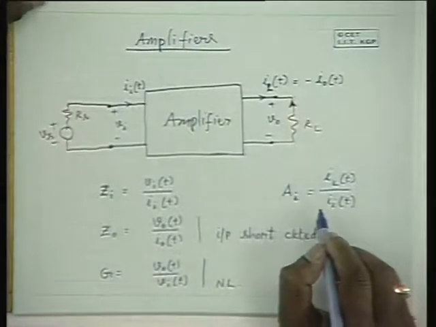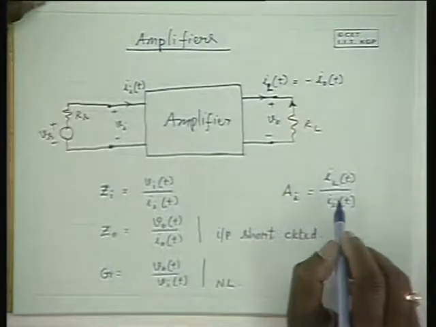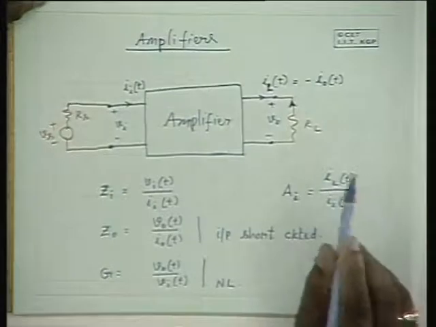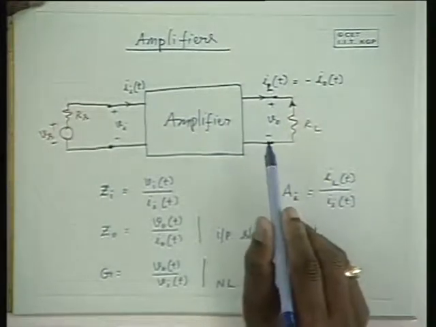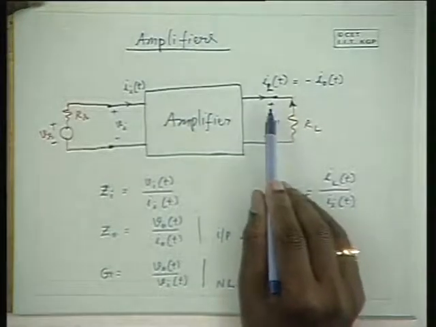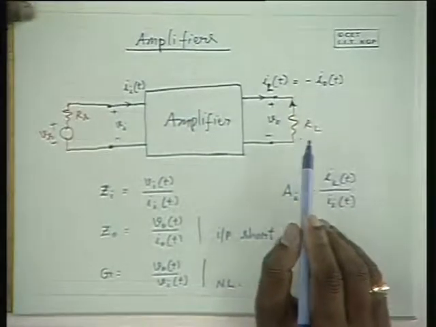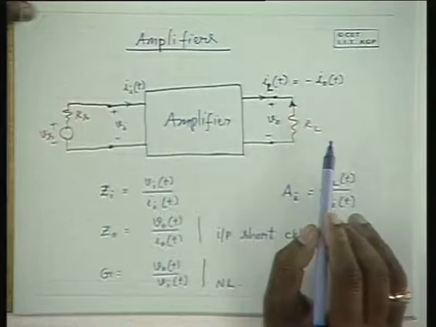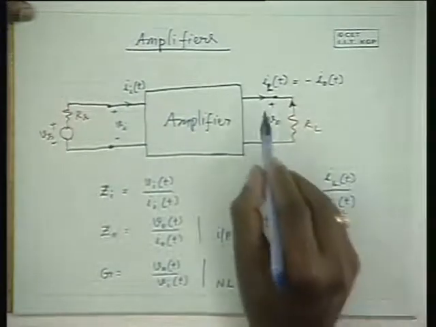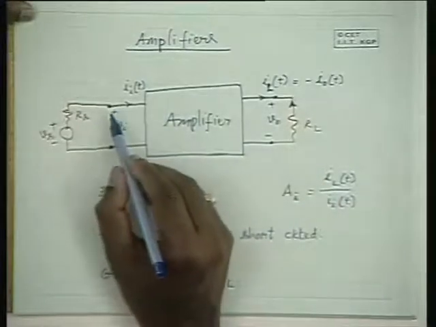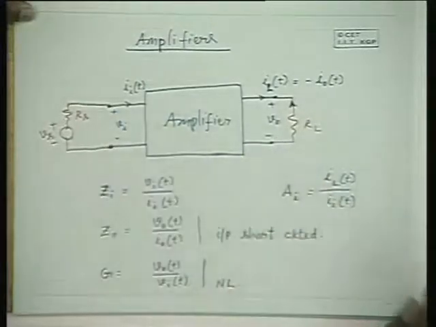Of course, this is valid only when the load resistance is included. Hence, the current gain is defined as the output current divided by the input current of the amplifier under loaded conditions.